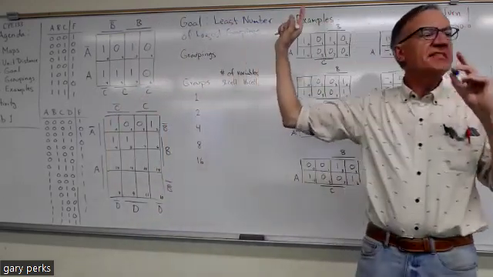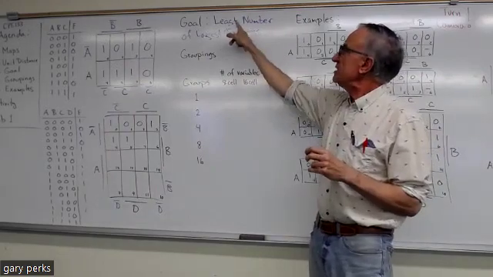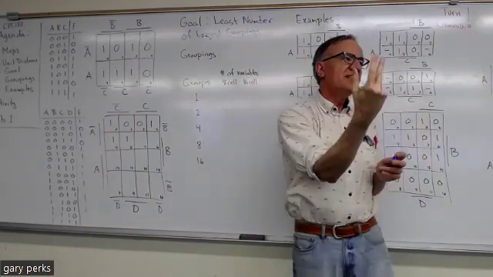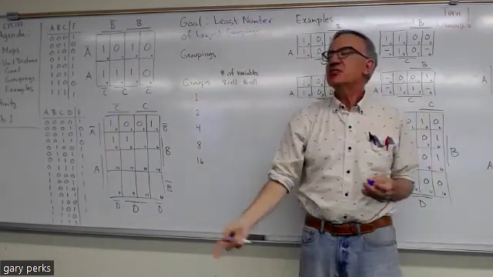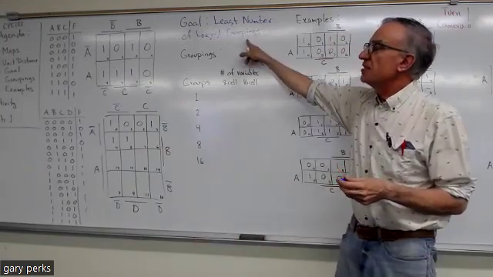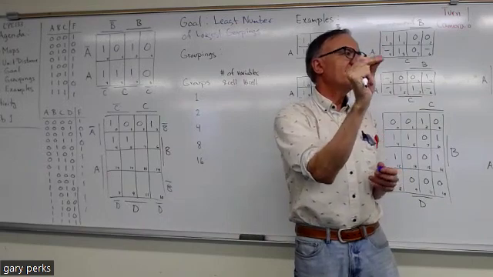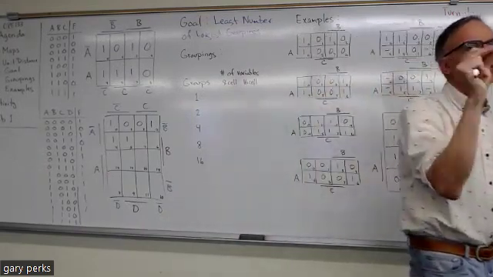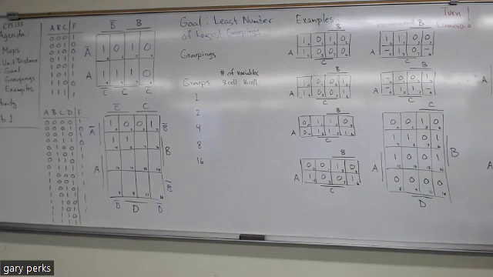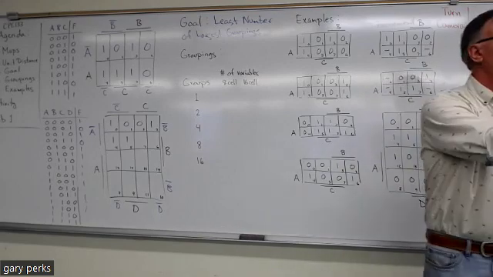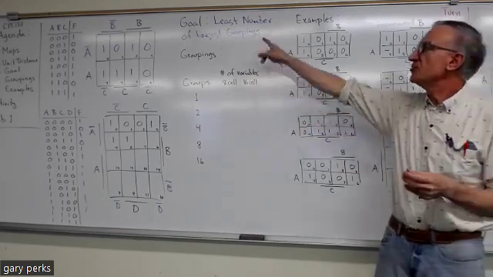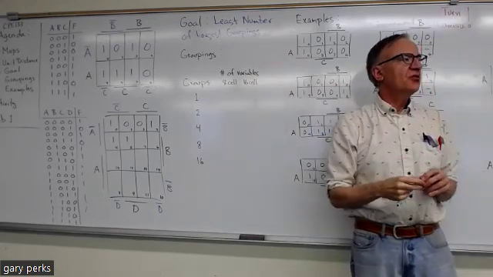As you're going to see through these examples, the least number of groupings gives you the least number of terms in your Boolean expression. And the larger the grouping is, the fewer variables you have in a term. So remember, the goal is always to get the most reduced expression. We want the least number of terms and the least number of variables within a term, and by doing this, that will lead to that goal.